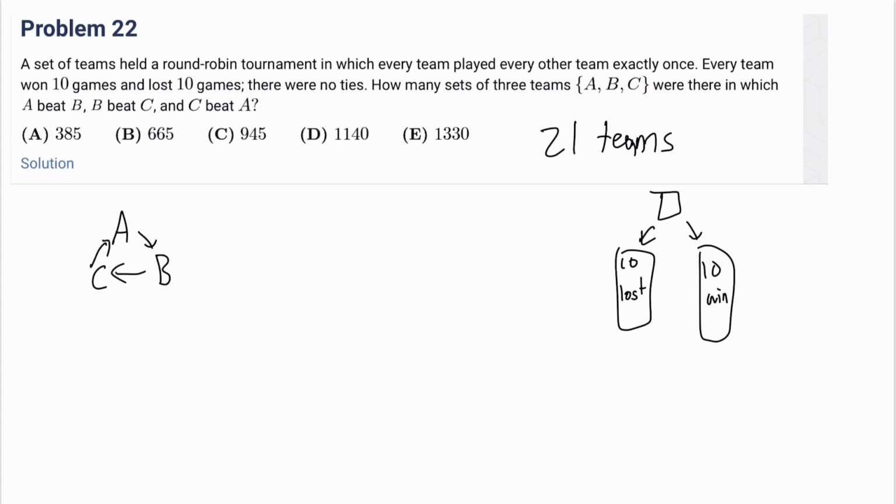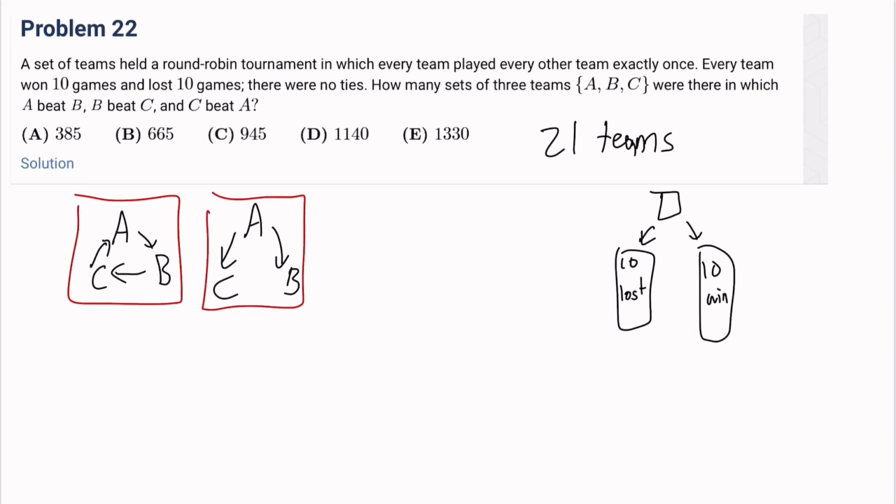But then if you think about it, the only other possible solution is if one team won against both of the other teams, right? And so we have A won B and C, or A won B and was lost by C, right? Because if even one of these arrows turned away, then that would make it the same as this, right?